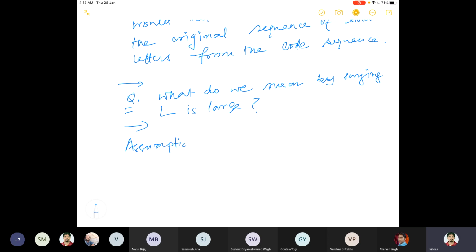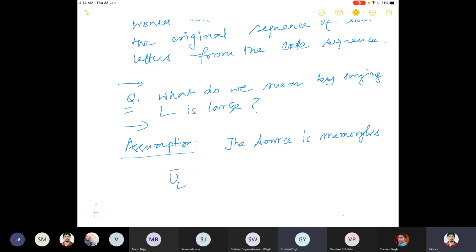Assumption is memoryless, meaning you can tell me, source is memoryless. What does it mean? It will generate independent letters.